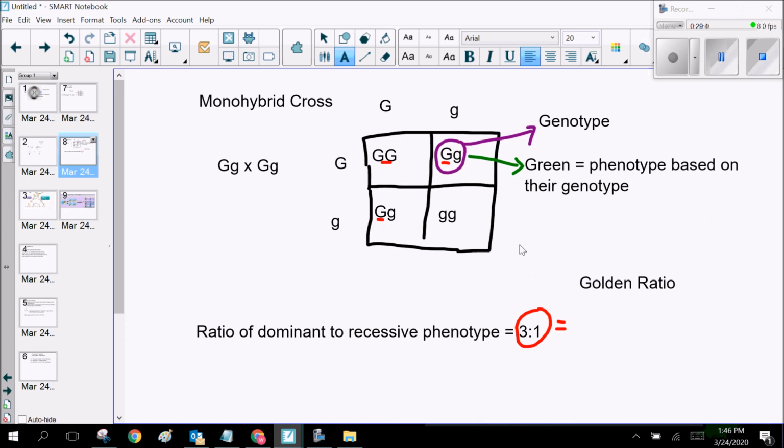So he was able to extend this to the dihybrid cross, which is what we're going to take a look at next class. We'll see what ratios he was able to get out of the dihybrid variety and how that would affect inheritance patterns.